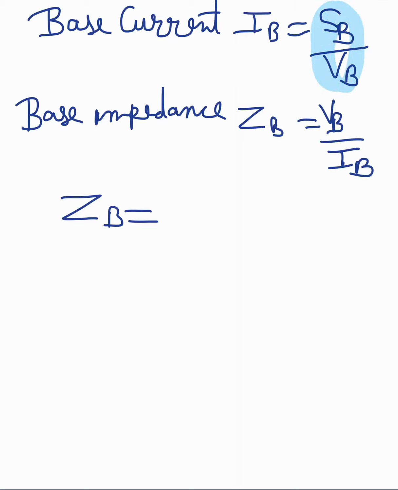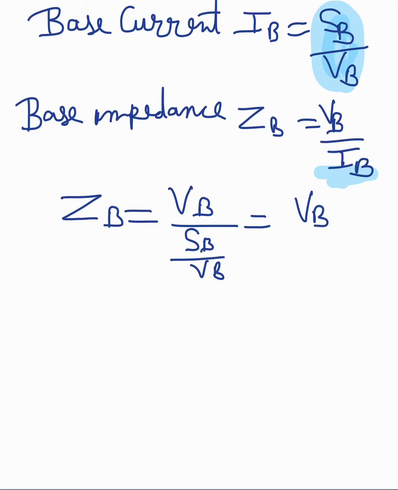SB upon VB. So put this value in this equation. So we can write VB upon IB is equal to VB upon SB upon VB, so that is equal to VB square upon SB.